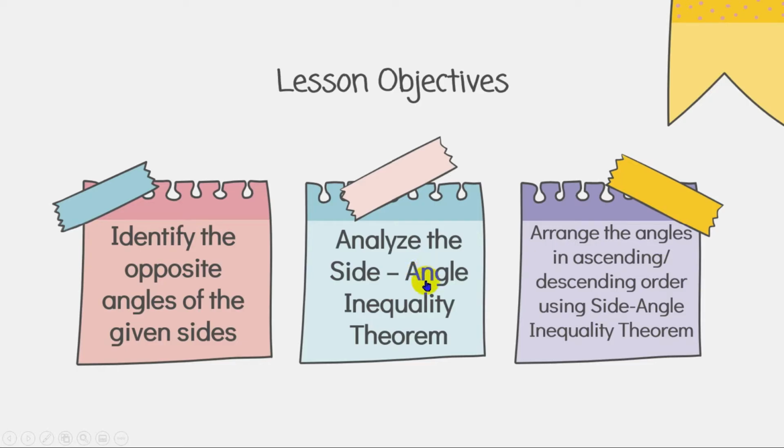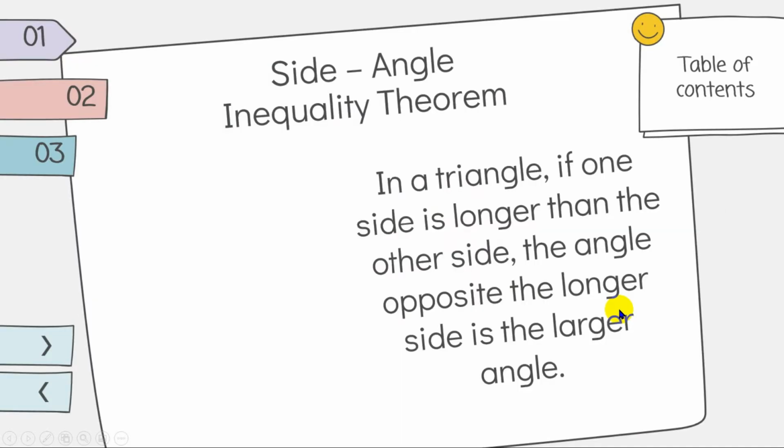Pupunta na tayo dun sa ating main topic, which is the theorem itself, the side angle inequality theorem. Okay, so what is side angle inequality theorem? In this theorem, it says that in a triangle, if one side is longer than the other side, the angle opposite the longer side is the larger angle.